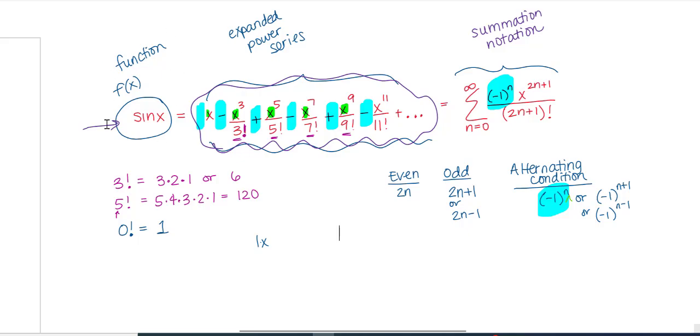Again, I have that function representation, f of x equals sine of x. I have its expanded power series notation. And then I also have this summation notation, which we're going to work in for quite a while as well. So I have three different notations that are all going to be the same numerical approximations.